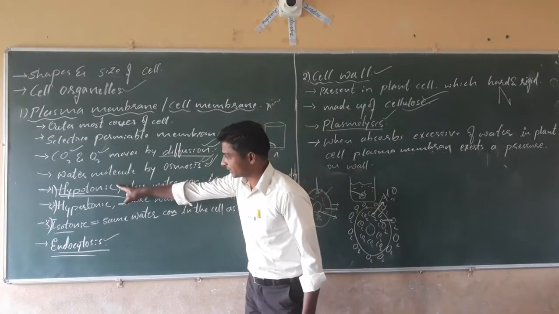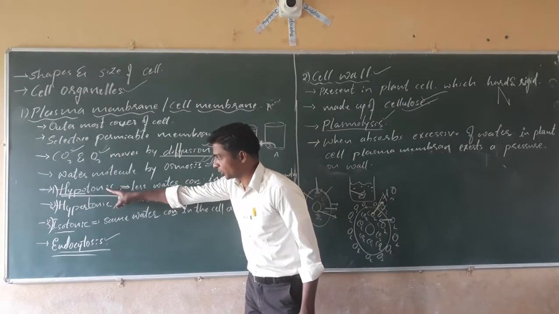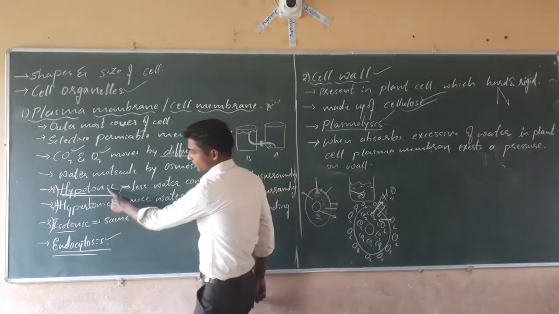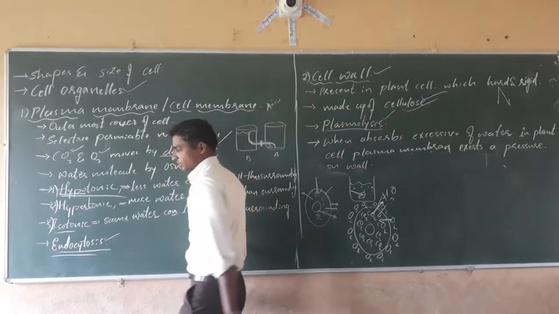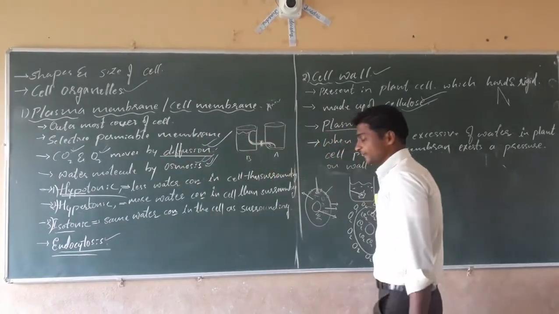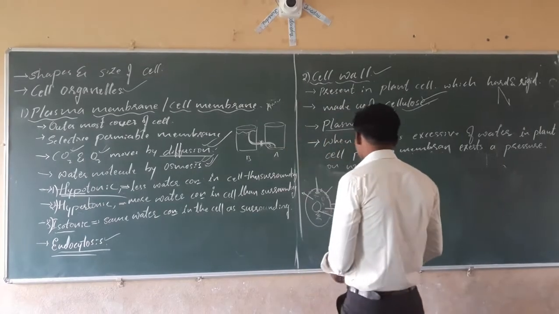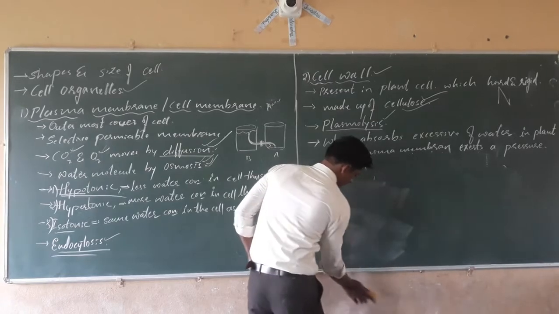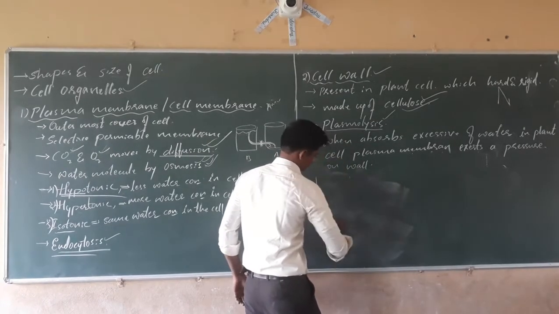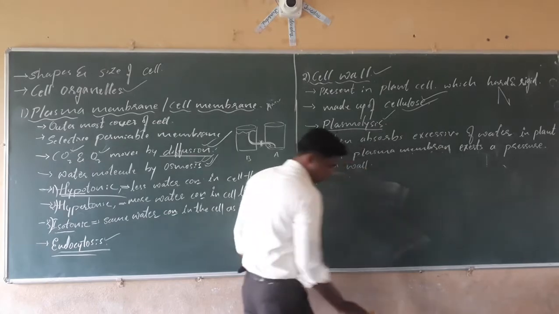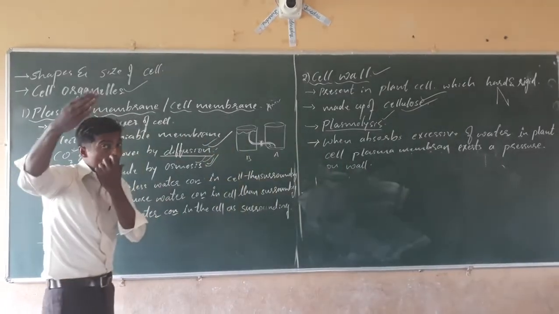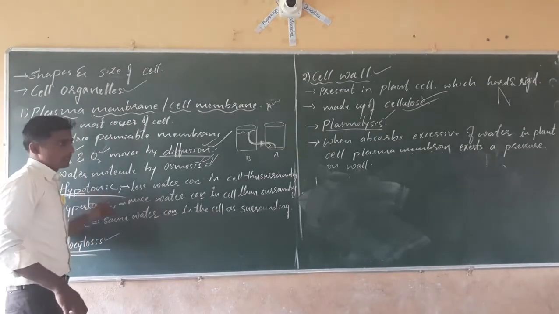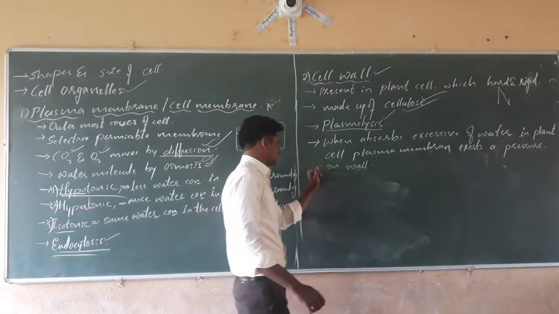We have divided the solution into three types: hypotonic solution, hypertonic, and isotonic. Hypo means less, hyper means more, iso means same. Hypo. See here what happens, dear students, what activities we will discuss.